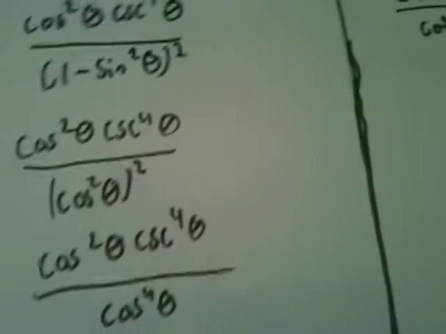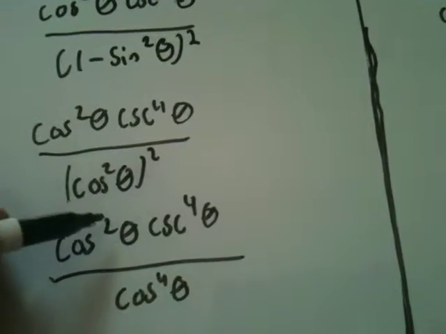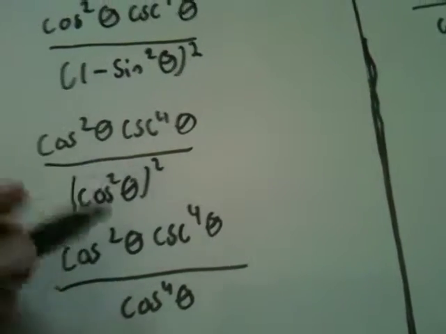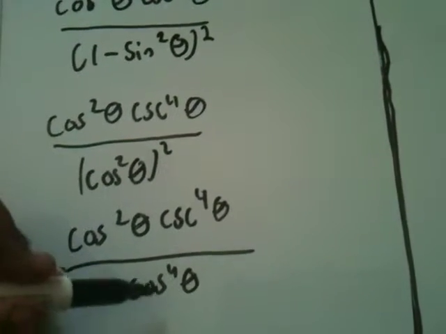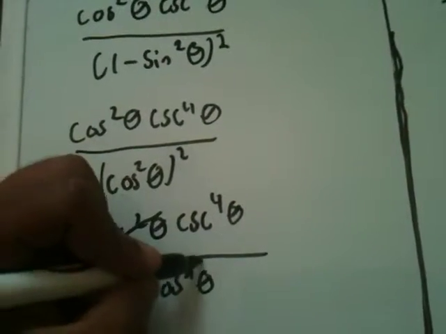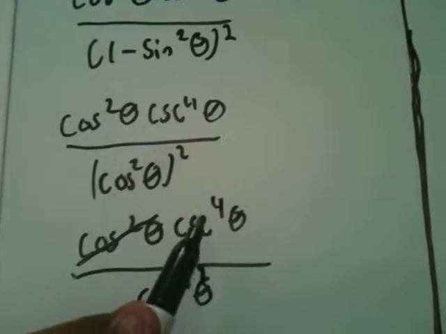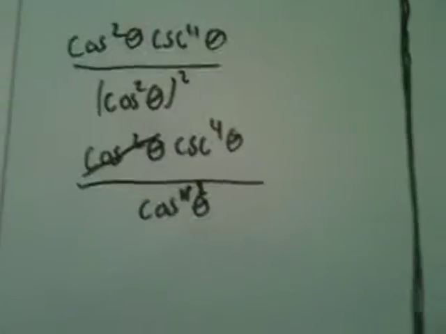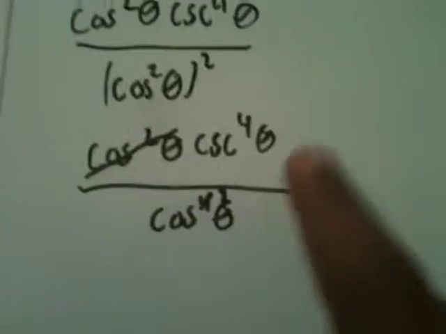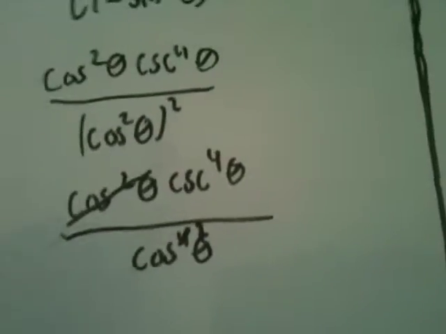Now, here, you could do some reduction with powers. Two of these cosines will cancel with two down here. So this is gone, and this becomes a cosine squared. So we're left with cosecant to the fourth over a cosine squared. And you can change this cosecant into 1 over the sine.